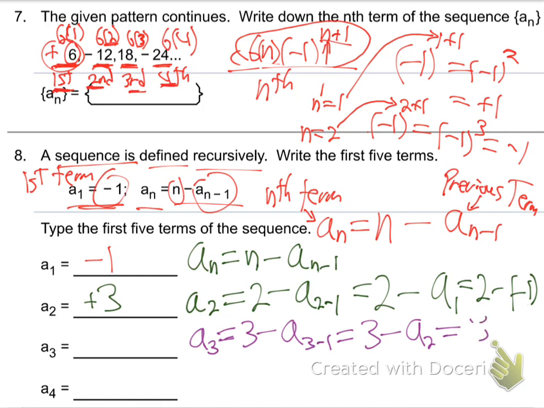So it's going to be 3 minus, and what's the previous term? 0. The previous term is 3, so this will be 0. See what that formula is generally saying? Previous term. So one more, A sub 4.